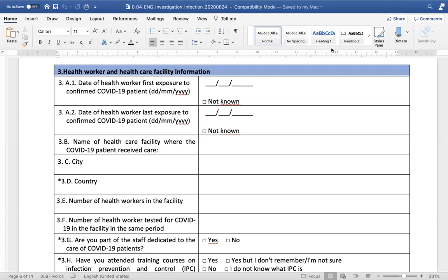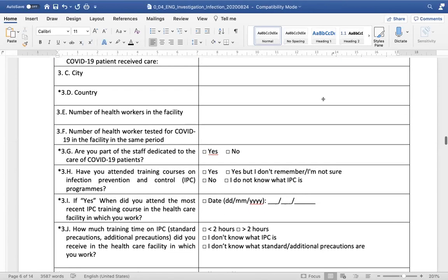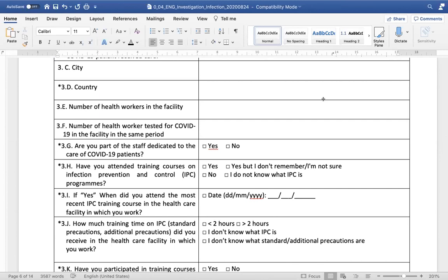Also, date of last exposure to confirmed case, you indicate. Name of the healthcare facility where the COVID-19 patient received care, you indicate that as well. Please move on. So these are straightforward questions that we need to complete to help the investigation.